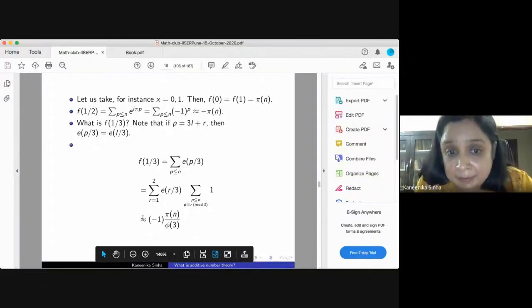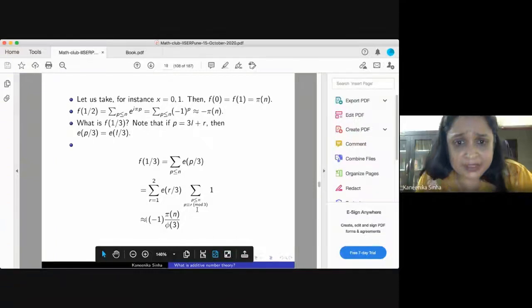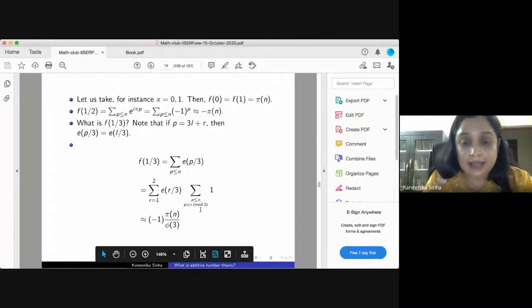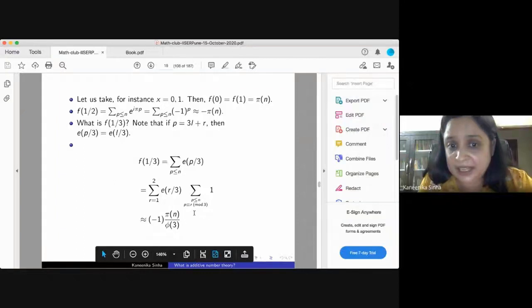By the way, I'm emphasizing this approximation. You must remember that this is not an exact value. For up till any n, this contributes the major contribution to the value we are looking at. And then there is an error term, which will be of smaller order than pi of n.